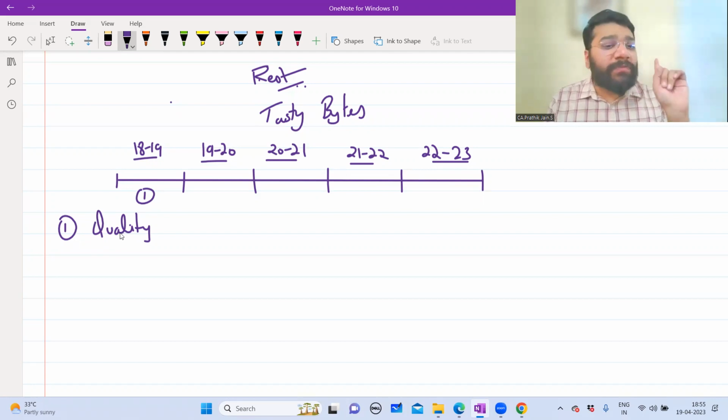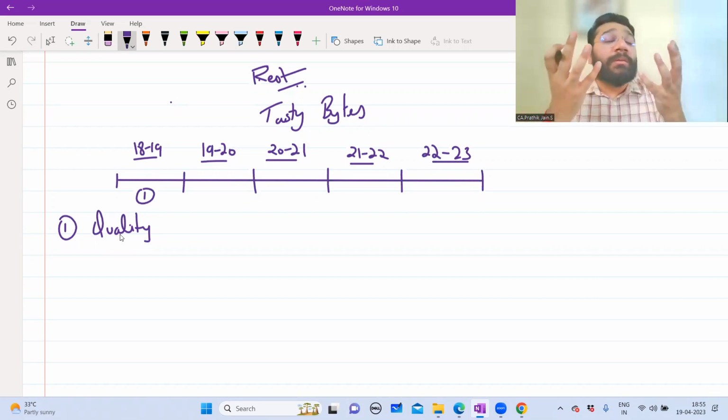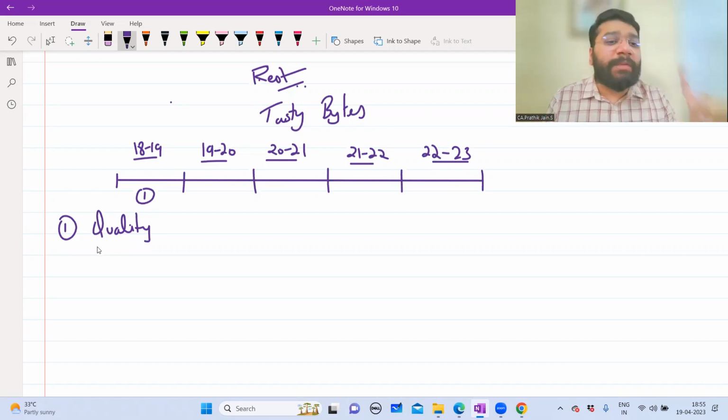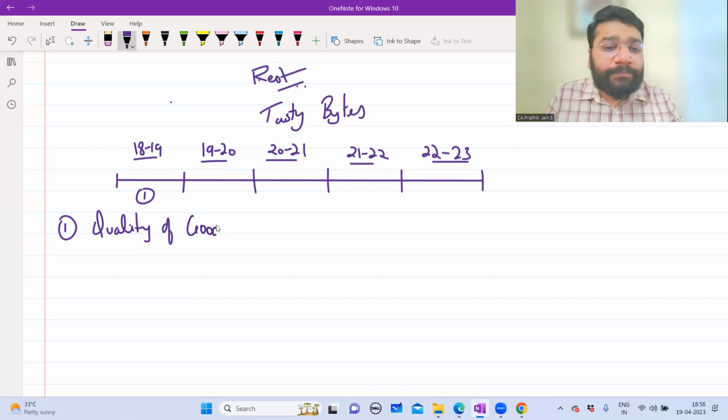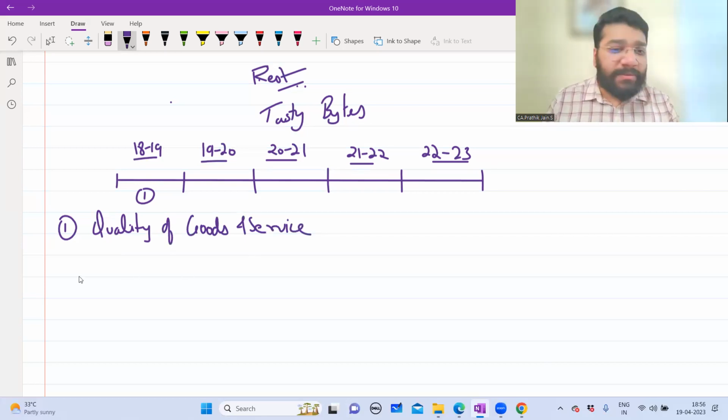This is one reason, because if the quality is good, the flow of customers will be very frequent, and apparently you will have more turnover, more revenue, and more revenue to absorb the cost, and eventually will be in profit. So this is one primary reason: quality of goods and services. This is one of the factors that enhances the reputation of the business.